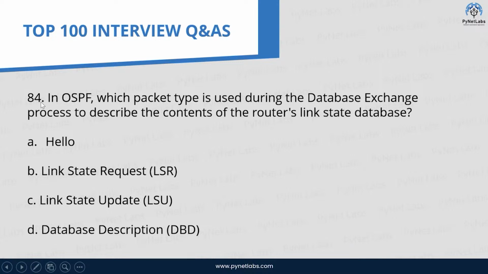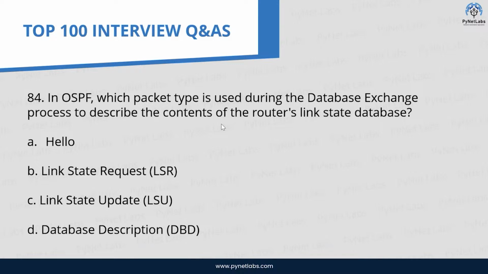Moving to question number 84, in OSPF, which type of packet is used during the database exchange process that describes the content of the router's link state database? See the previous one we discussed, that was the database description packet, right? When routers first establish the adjacency, they exchange the DBD packet to synchronize their link state databases.